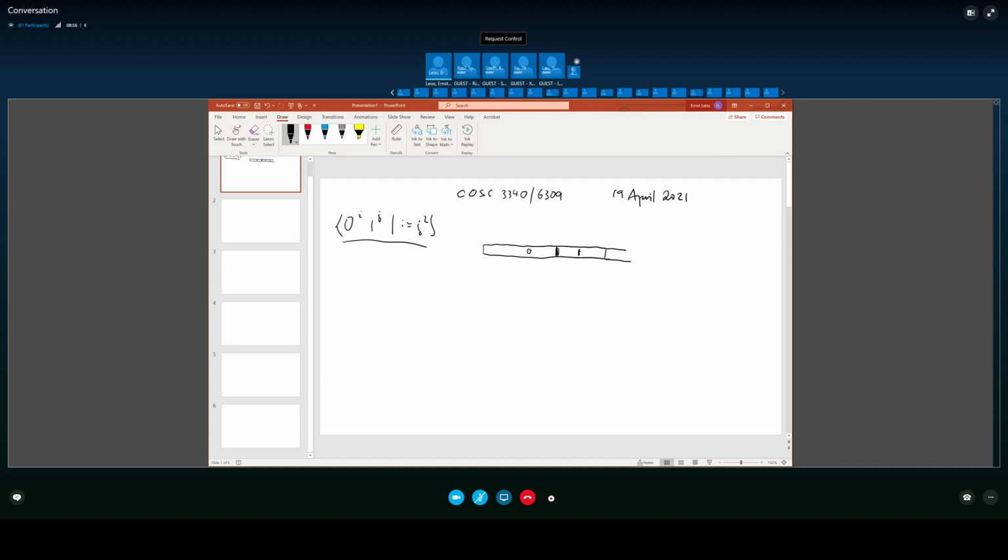That means that you basically have to mark off how many zeros for each one. You have to mark off as many zeros as you see ones, and then you have to do that again for every one. So how can you go about that?